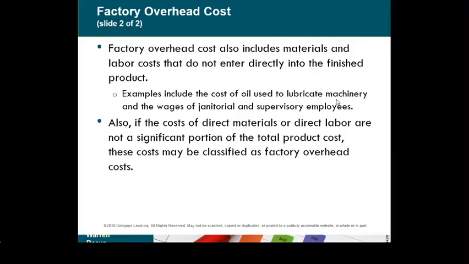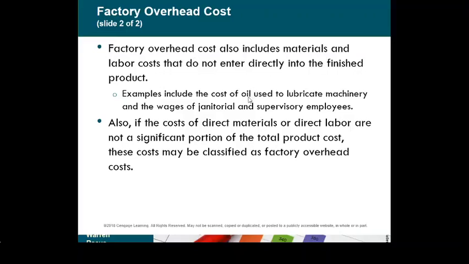So in order for us to make our machine work smoothly, we will have to use some oil to maintain it, to lubricate the blades and so on. So these are the materials that you cannot directly see by seeing a guitar. Okay, so that is considered as indirect material.